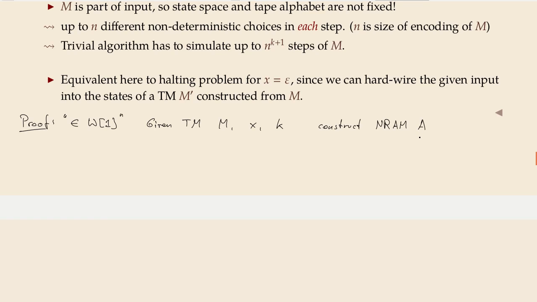Now, how should this machine work? We know that all the usual computational models can simulate each other with polynomial overhead. And we can just simulate M for k steps and then output whatever the result is.